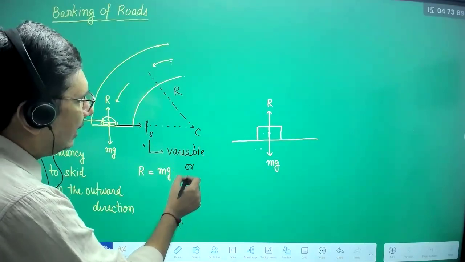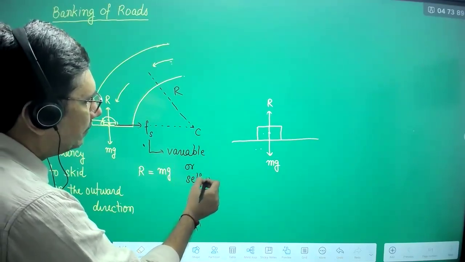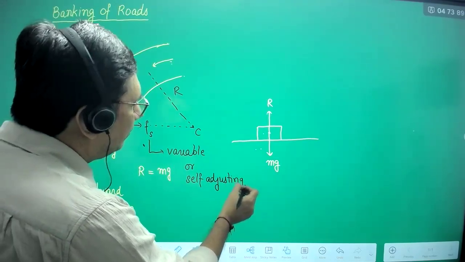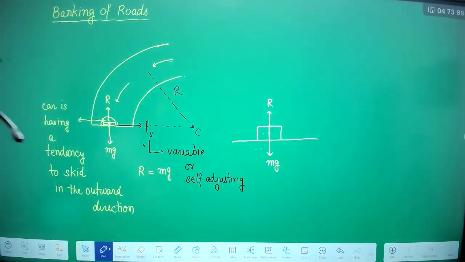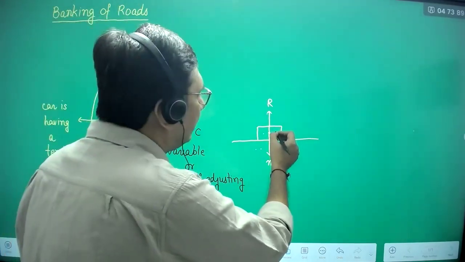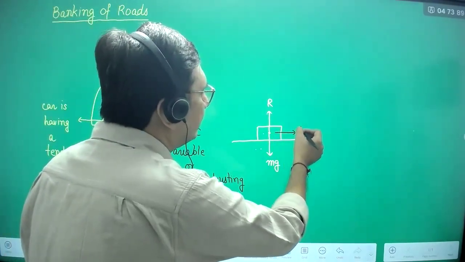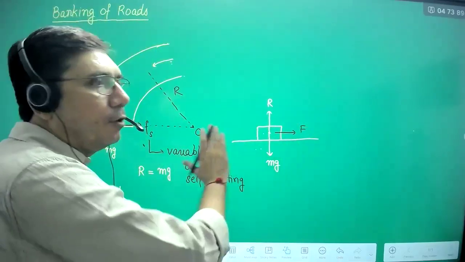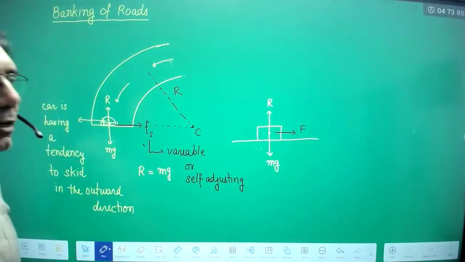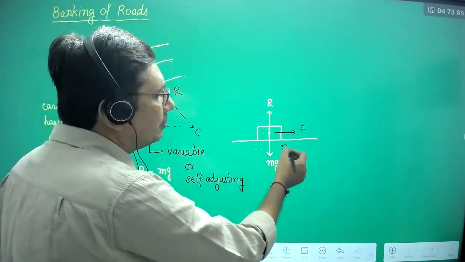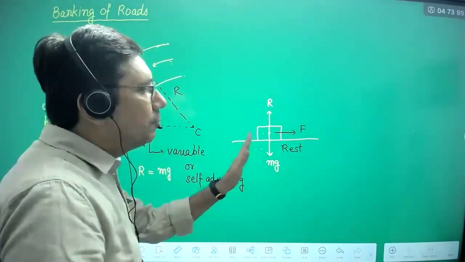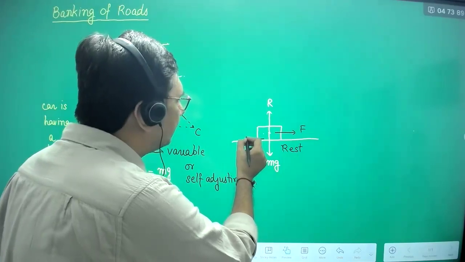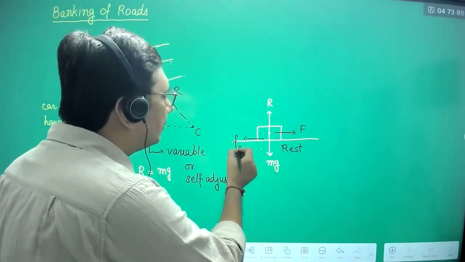What I'm saying by variable or self-adjusting is this: if you apply some force F here in this direction, and still the block is not moving, even after applying this force, the block remains at rest. Then who is stopping this block from moving in the forward direction even after applying the force? That will be static friction.